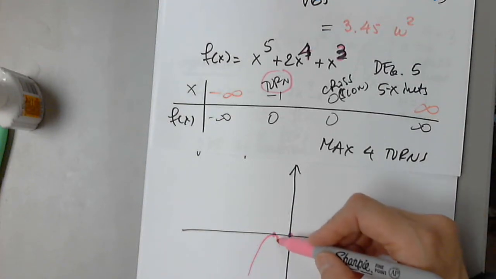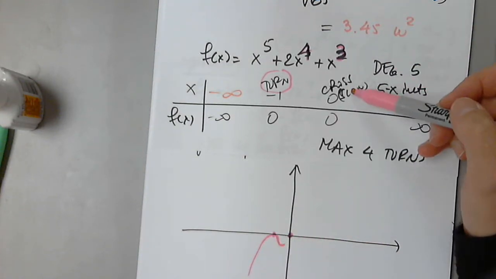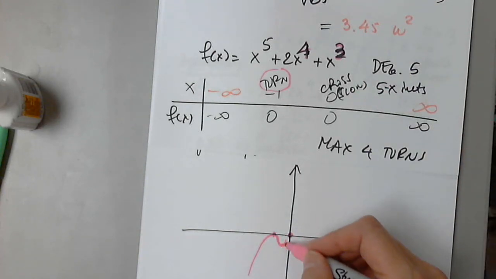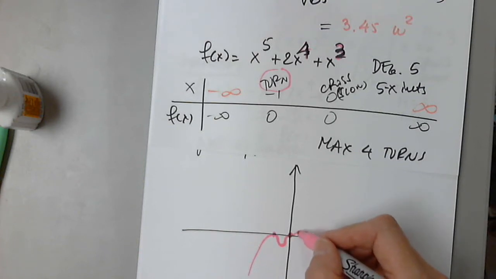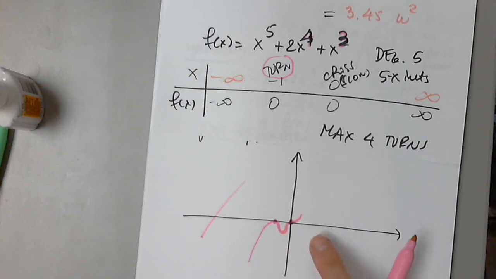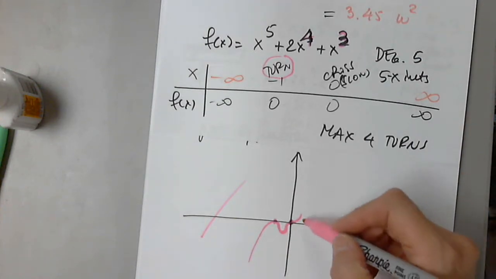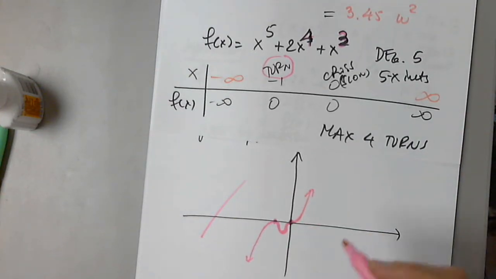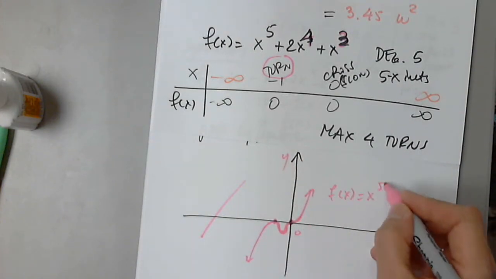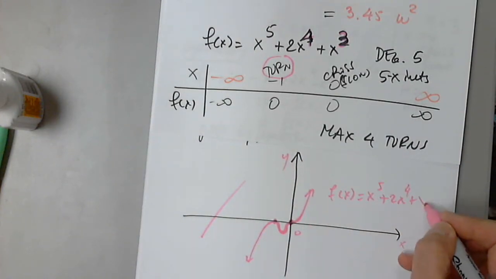It has to turn again because it will cross slow at 0, 0, but slow means like this, not like this. Slow, and it's going to positive infinity. So this is the function we picked. f of x equals x to the fifth plus 2x to the fourth plus x cubed.